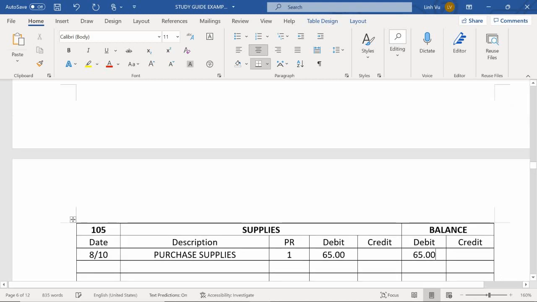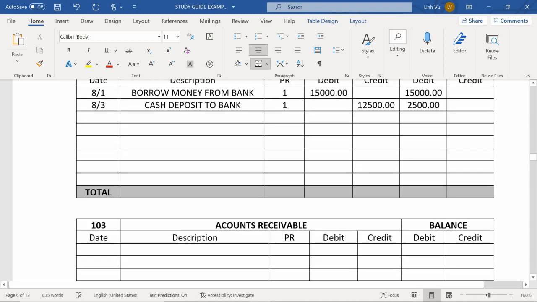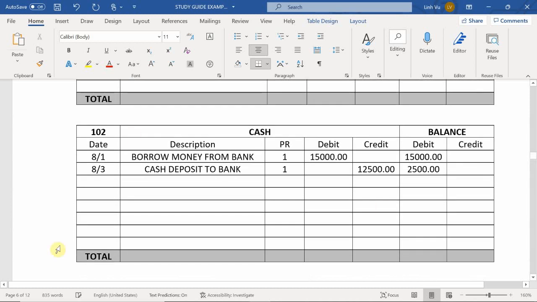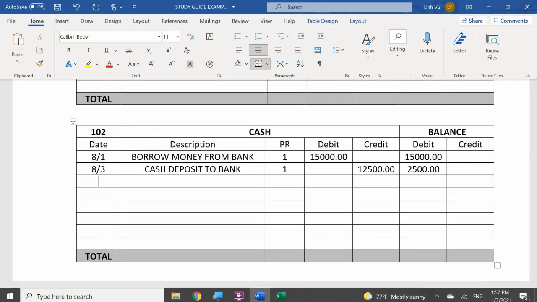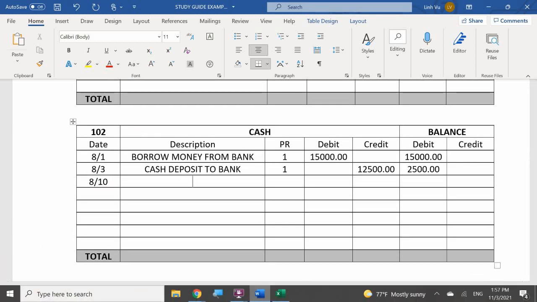And now we're going to the cash. Okay, so the cash, we have on the debit, and on the credit side we have $65.